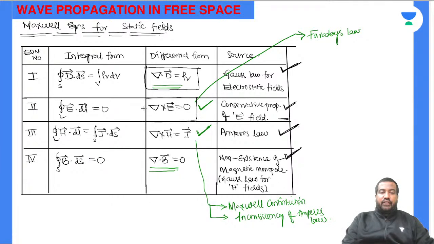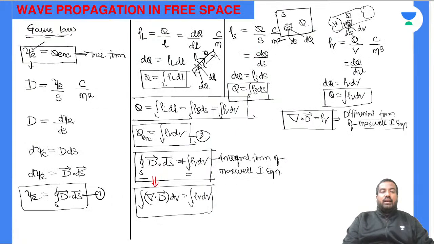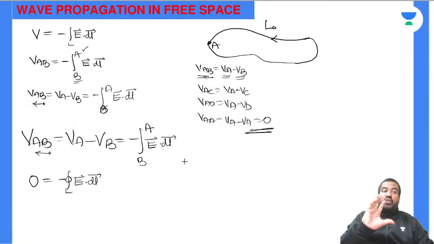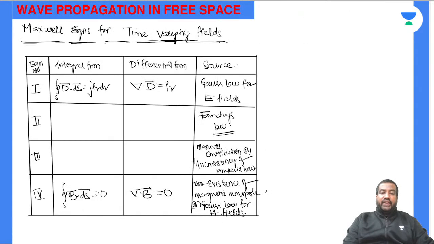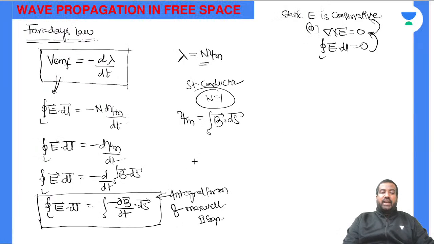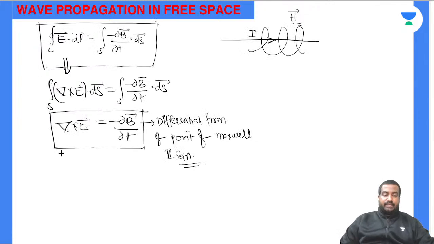Electric field and magnetic field are not dependent on each other. If you have this independency in time varying fields, a wave will not be generated. Therefore, in time varying fields, there must be interdependency between the fields.